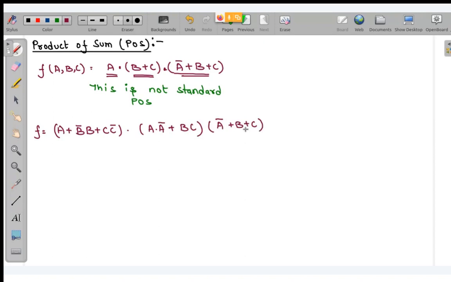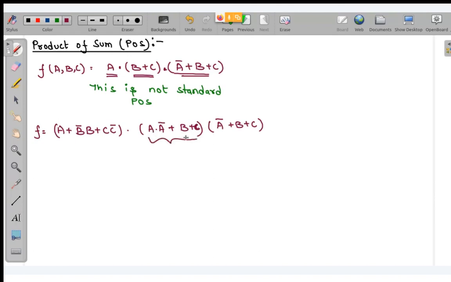Here you can see, basically this is A dot A complement. So simply, what have I written over here? This is B plus C. Now look at this term first.